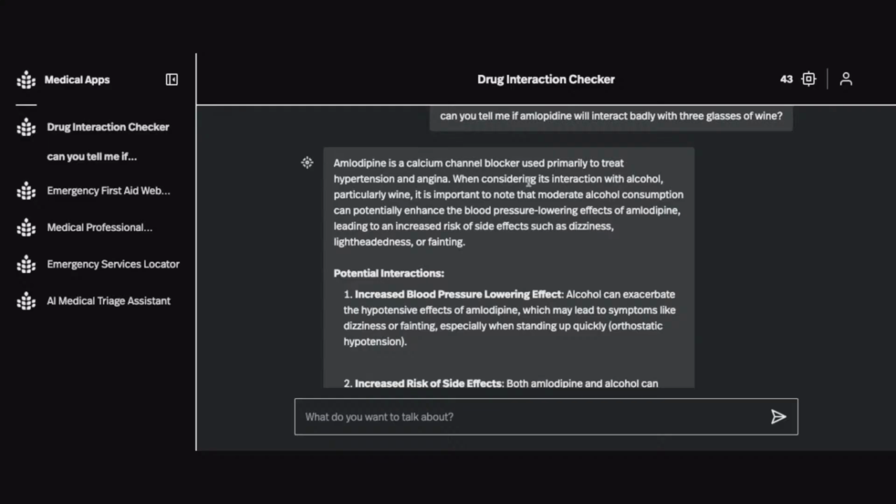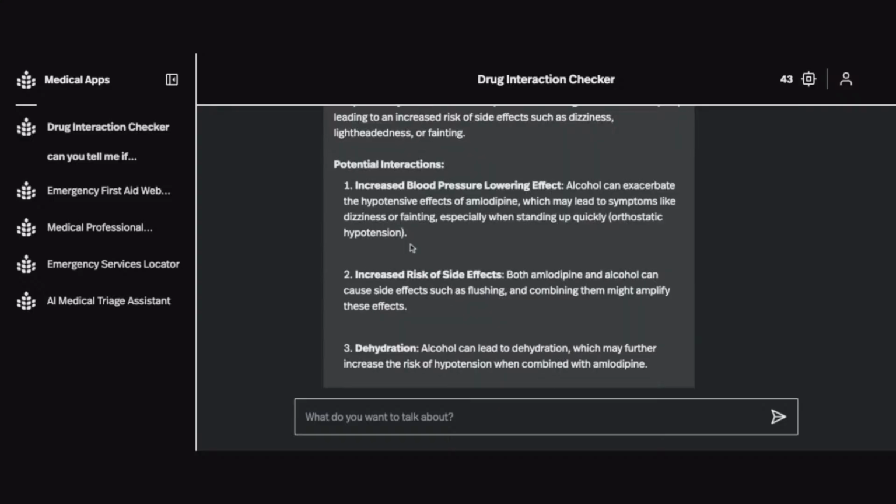When considering its interaction with alcohol, particularly wine, it is important to note that moderate alcohol consumption can potentially enhance the blood pressure lowering effects of amlodipine, leading to an increased risk of side effects such as dizziness, lightheadedness, or fainting. And so it will give you how the drug will interact with the substance that you are querying.